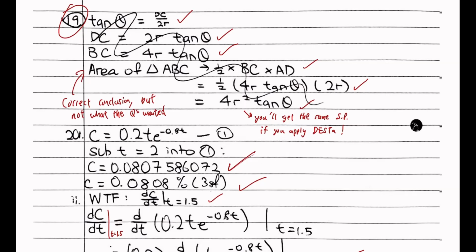Let me double check first. Hold on a second. Half times BC times AD. Okay, BC is 4r tangent theta. Wait a minute. Tangent theta equals DC over 2r.